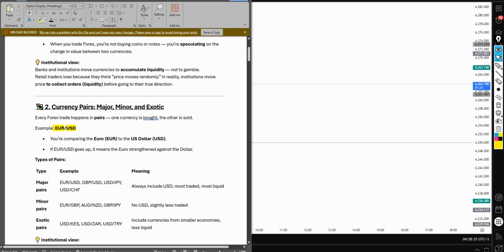In pairs, there are major, minor, and exotic pairs. Major pairs are those that are traded a lot and mostly have a USD cross. For example, Euro USD, GBP USD, USD JPY, USD CHF.